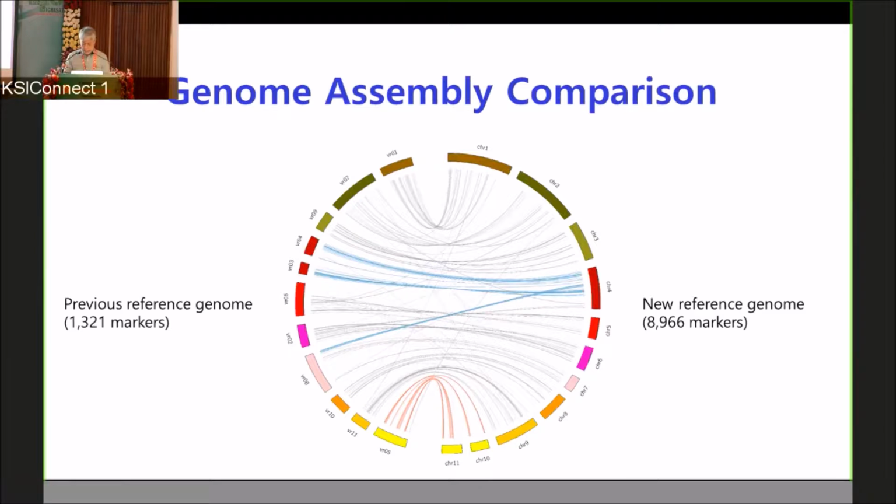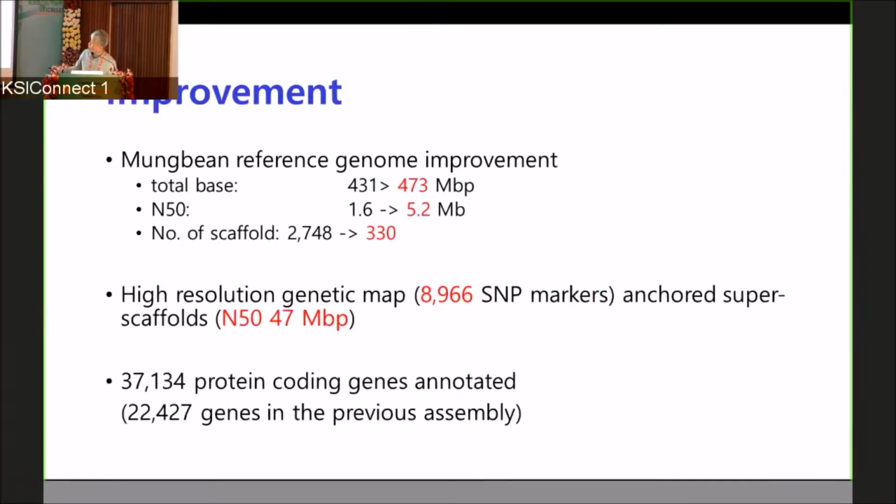So this newly assembled mungbean genome was much improved, as shown by comparison with other legume genome sequence data. And just in summary, the total bases improved: 431 megabase was recovered in the previous assembly, but now 473. The N50 length was improved from 1.6 to 5.2 megabase, and the number of scaffolds was much reduced from 2,748 to 330.